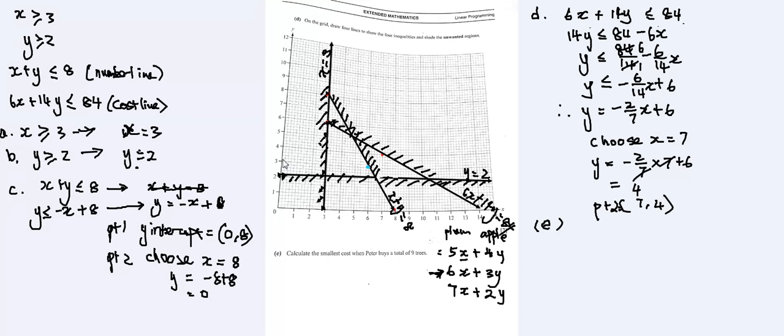So this is the point. See, x has the maximum. I can go up and have less x and more y, but that will increase the cost. But he's asking for the smallest cost.